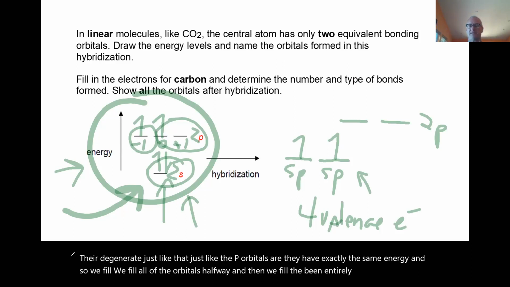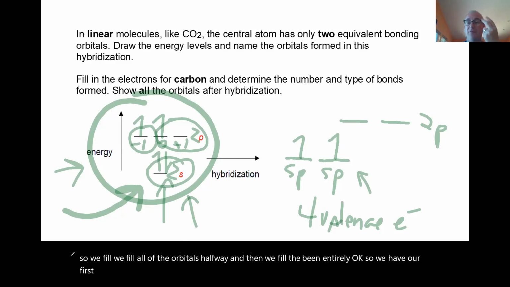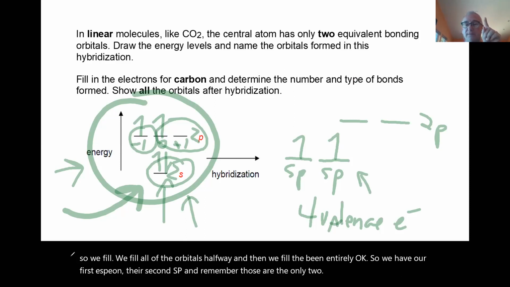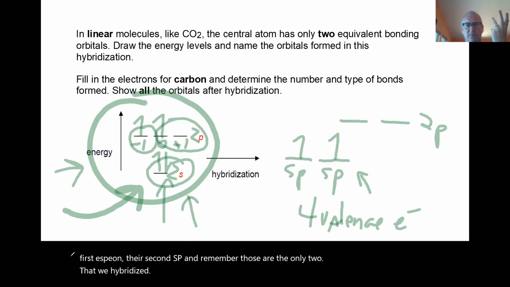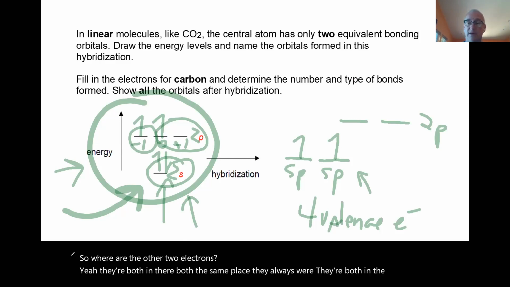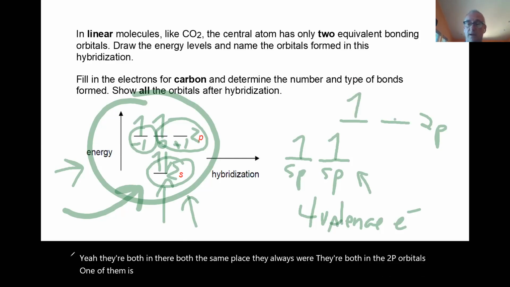So we have our first sp and our second sp. And remember, those are the only two that we hybridized. So where are the other two electrons? Go up to 2p. Yeah, they're both in the same place they always were. They're both in the 2p orbitals. One of them's here, and the other one's there.